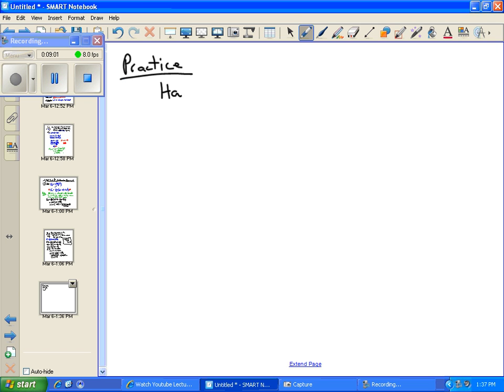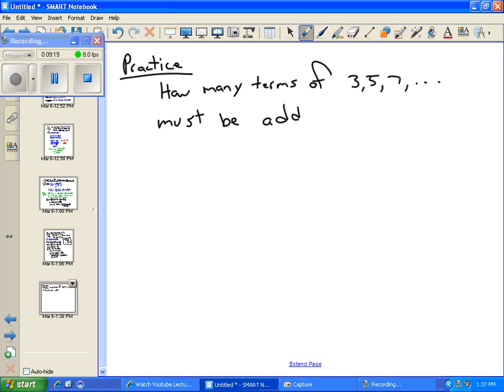We got how many terms of 3, 5, 7, and that continues on, must be added to get 624.